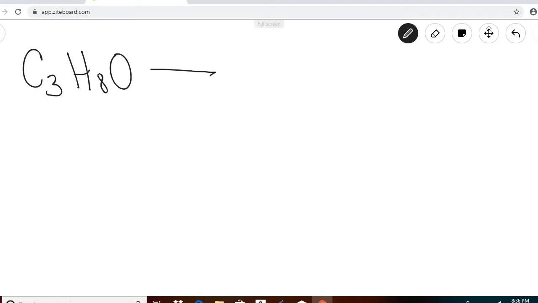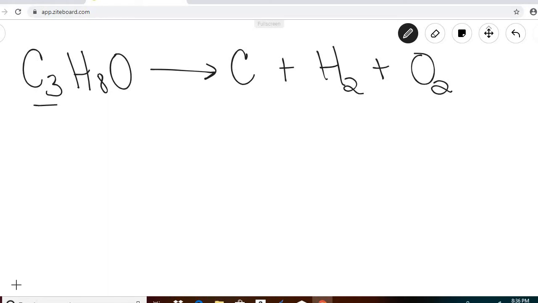So it's going to break down into carbon plus hydrogen plus oxygen. And again, we have to remember that these are homonuclear diatomics. So we have 3 carbons over here, so let's put a 3 here to get our carbons okay. We have 8 hydrogens over here. If we put a 4 here, that gives us 8 there.